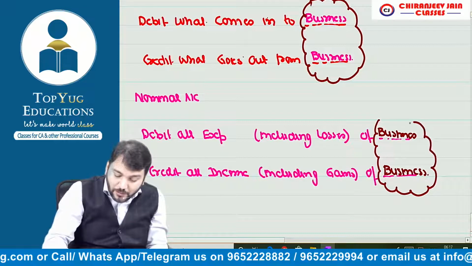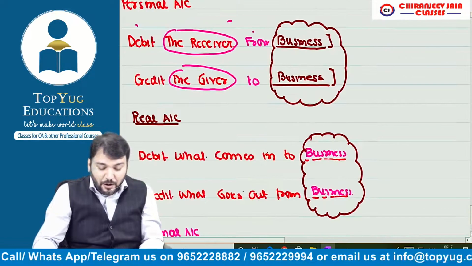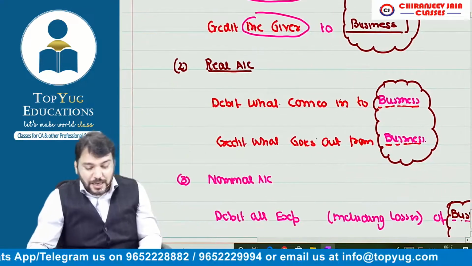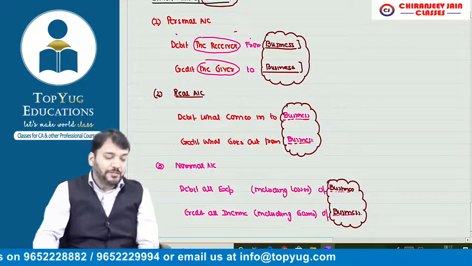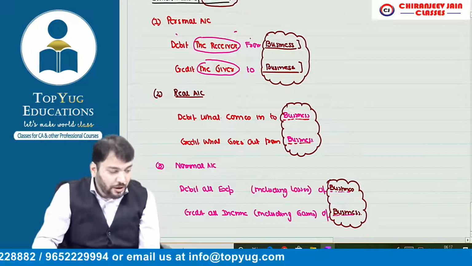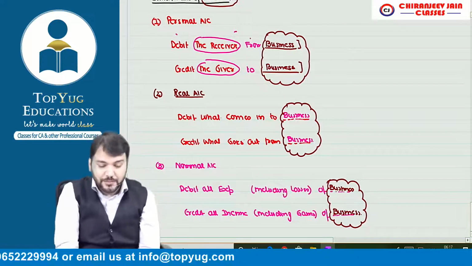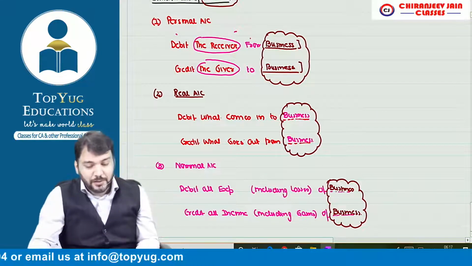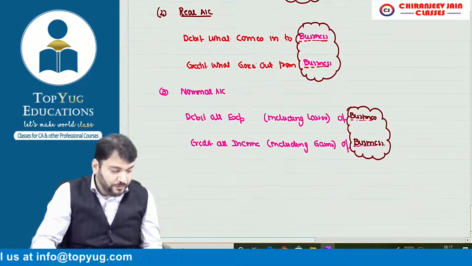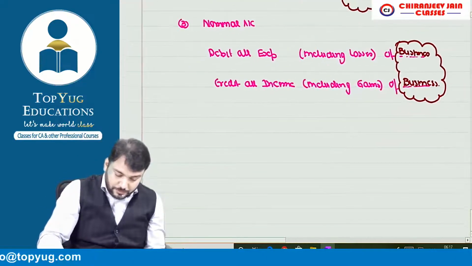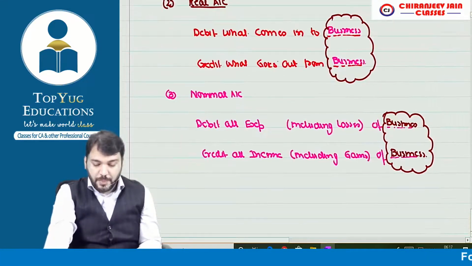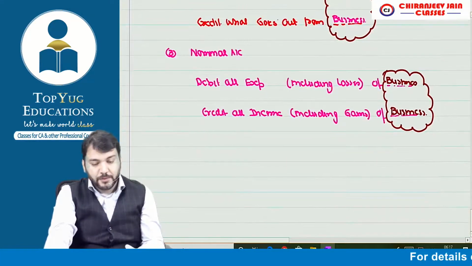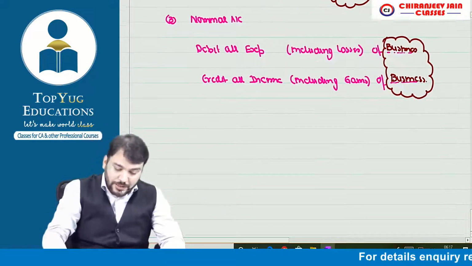Credit all income of business. It means you are doing accounting for business. Understood? I think there is nothing to explain in this. You have understood. Write this down.